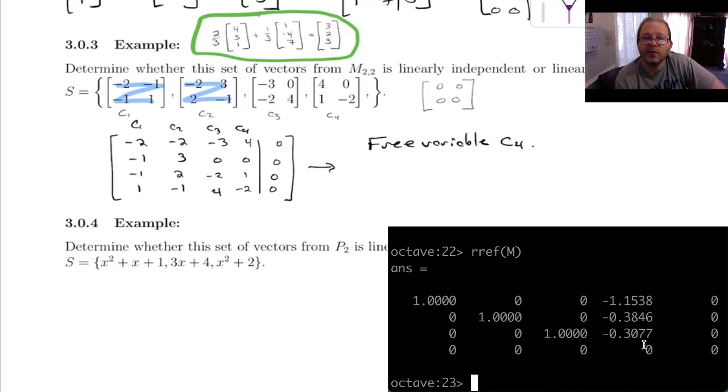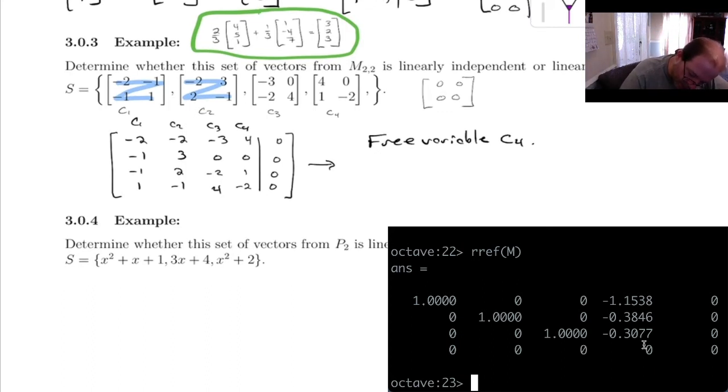So what that means is we can pick any value we want for C4 and get a solution. So this thing has infinitely many solutions, not just the trivial one. So free variable C4 means infinitely many solutions, and that means that it is linearly dependent.